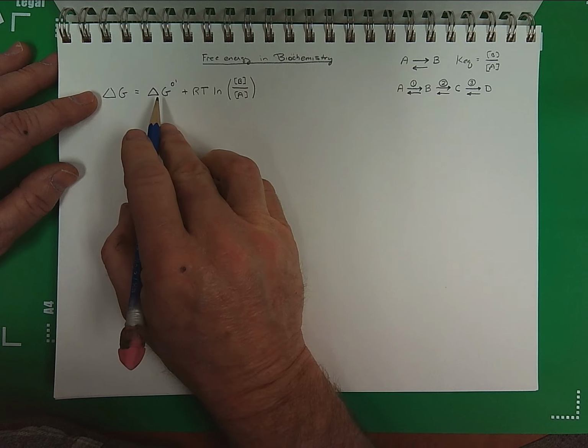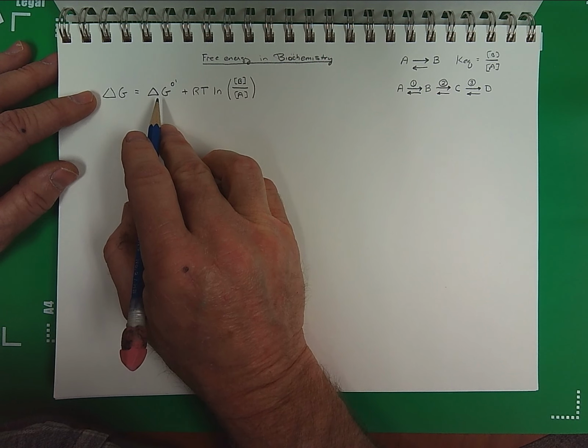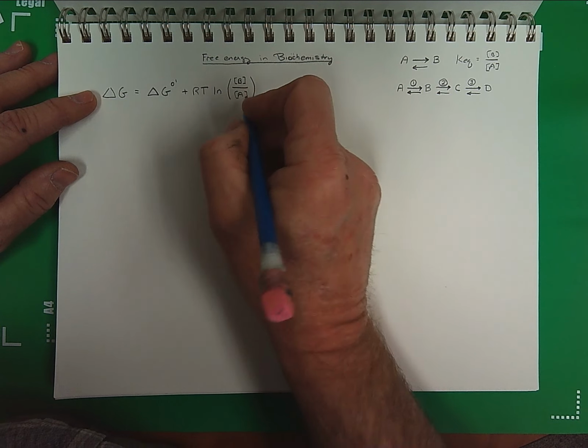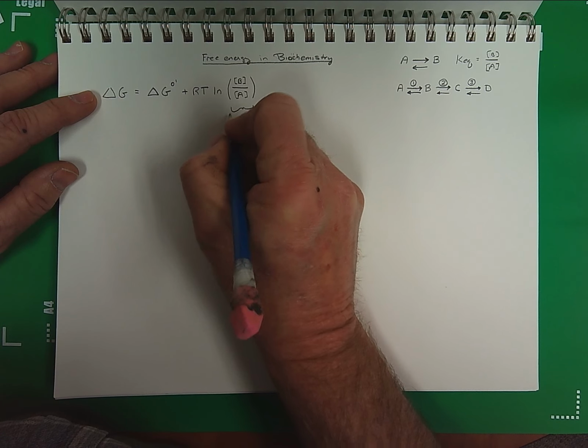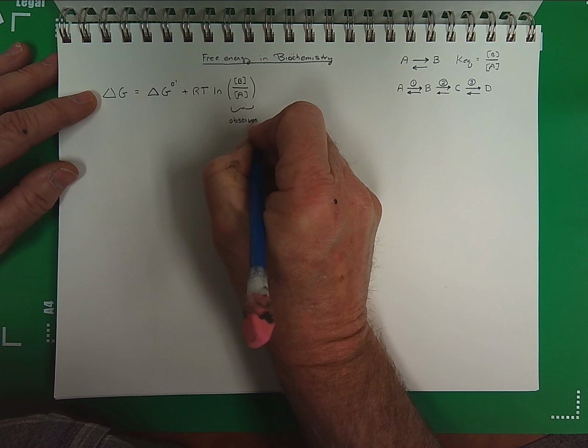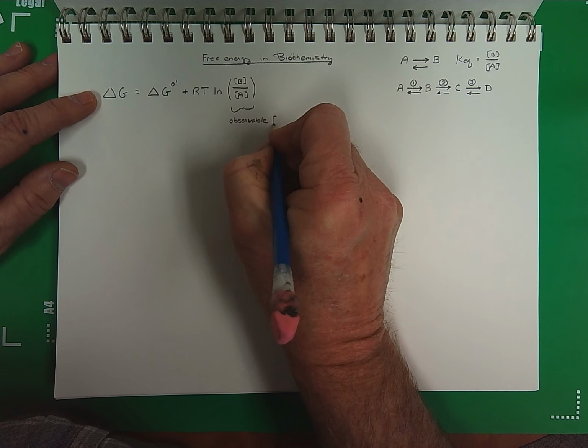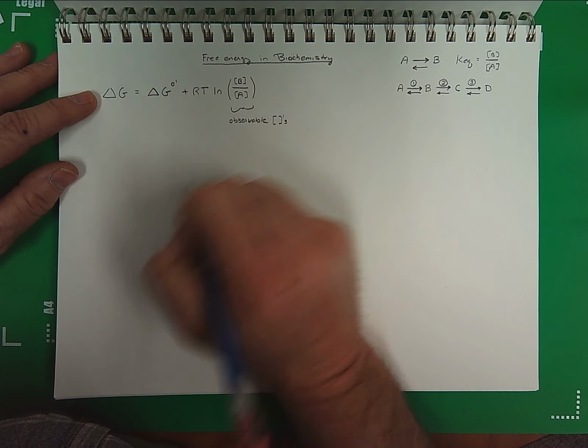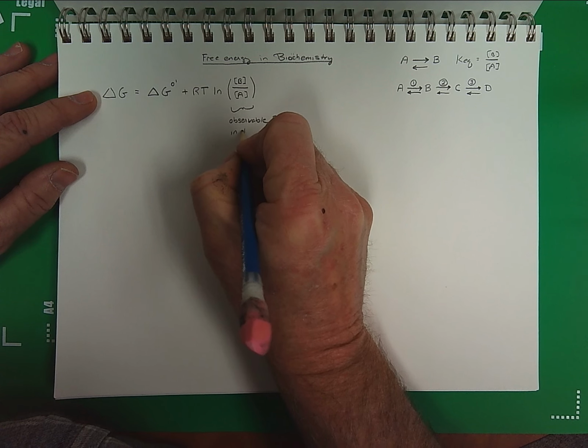Very similar to what we've seen here calculating standard free energy change, but now this is the observable concentrations in the moment.